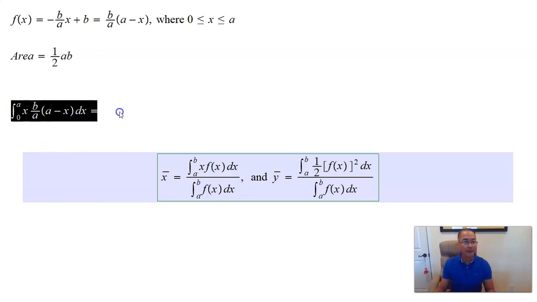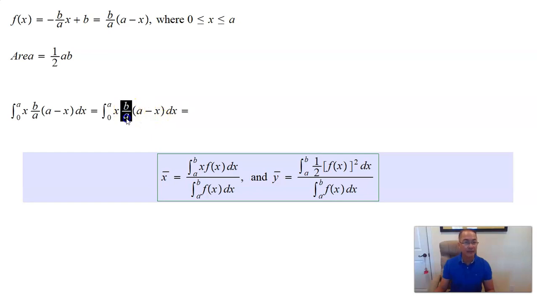Okay, so we can take out the constant. That's just b over a there. And why don't we distribute this? So that is ax minus x squared. Okay, and I guess we should wrap that in parentheses. And we're ready for the antiderivative.